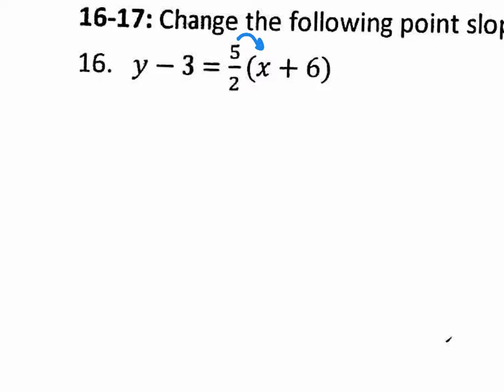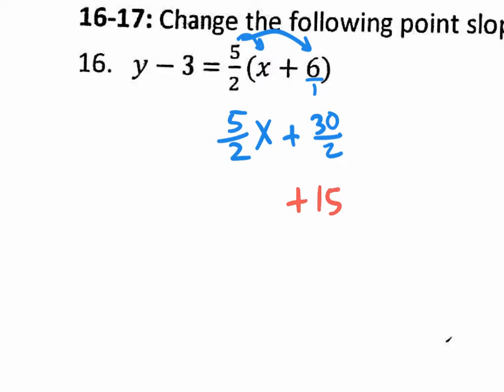5 halves times x, that is 5 halves x. 5 halves times 6. Put the 6 over 1 and then multiply the 5 times 6 and the 2 times 1. So 5 times 6 and 2 times 1, you'll get 30 over 2. So that's why distributing a fraction is not that bad, especially when you end up with something nice right here. 30 over 2, what's 30 divided by 2? 15, right?